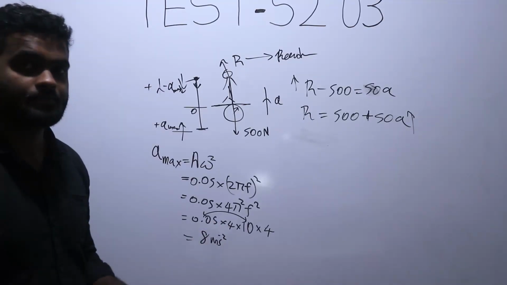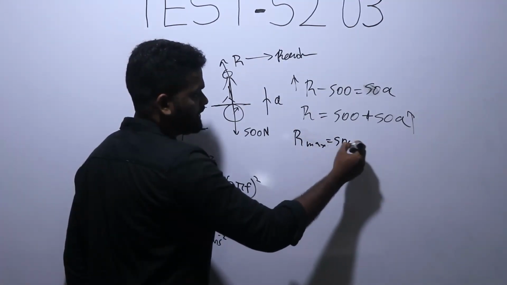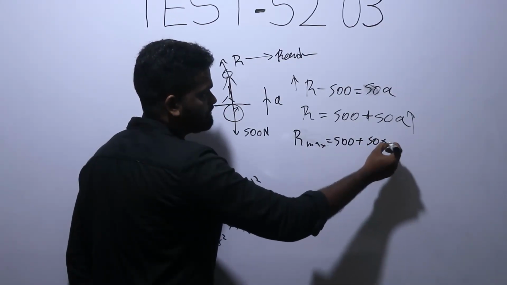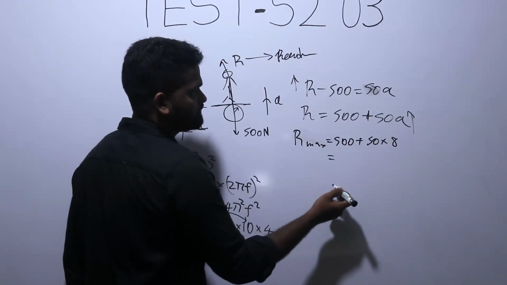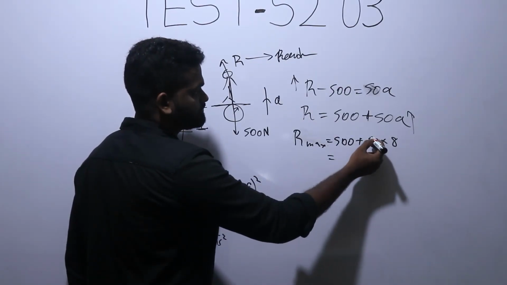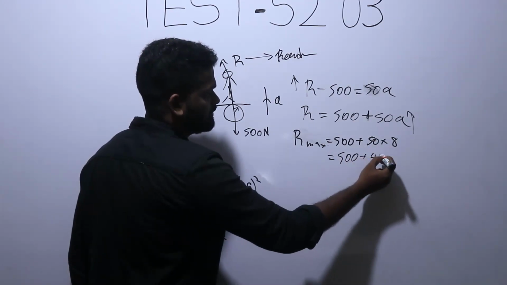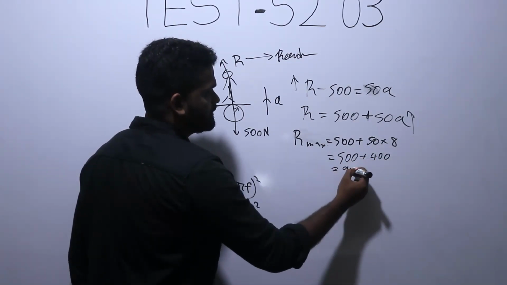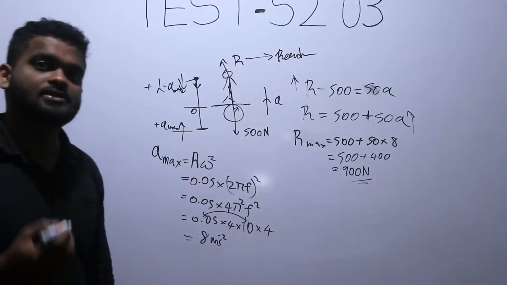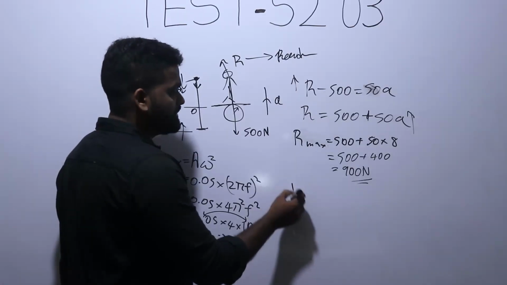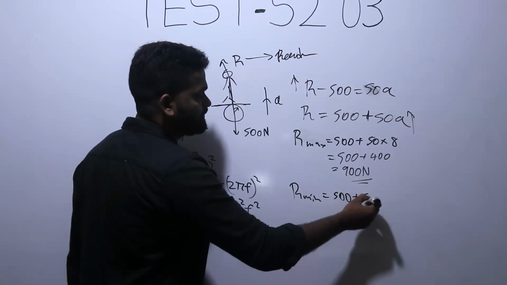Well, we just found it. Then for R max, it should be 500 plus 50 times the maximum acceleration of 8, so this is 400. So the maximum reading becomes 900 Newton. Then the minimum reading should be 500 plus 50 times the minimum acceleration.